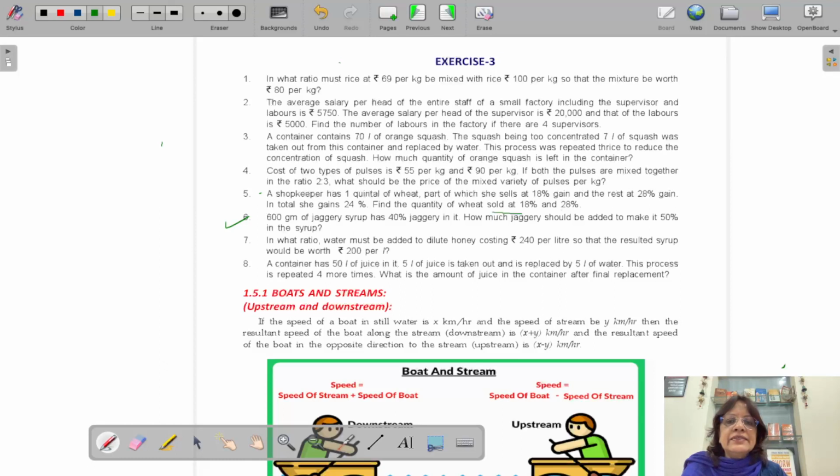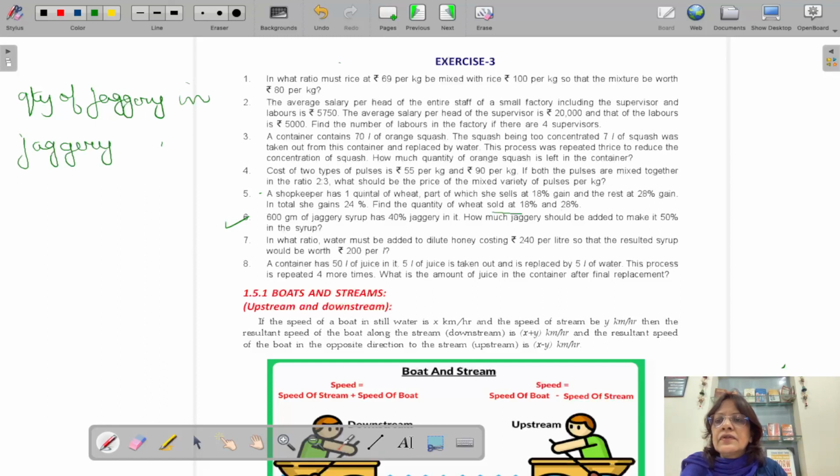The quantity of jaggery in the syrup is 40 upon 100 into 600. That is, it will come out equal to 240.